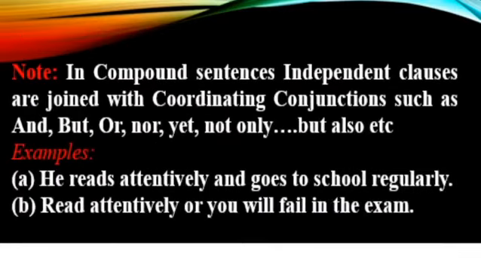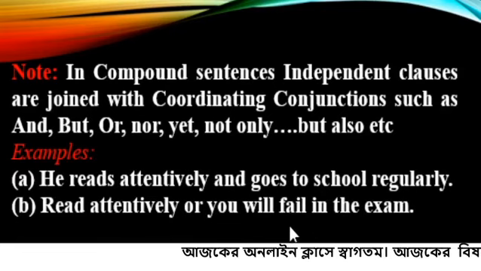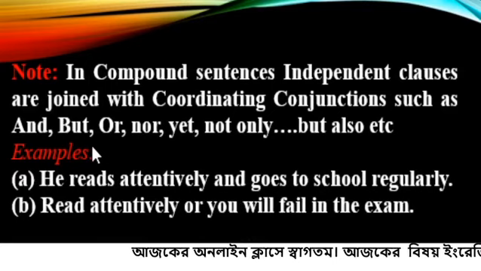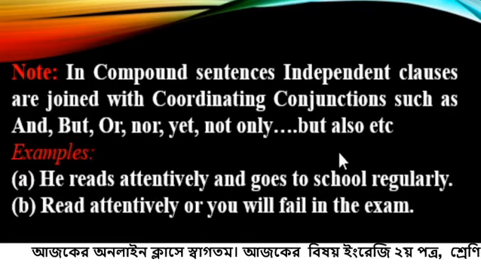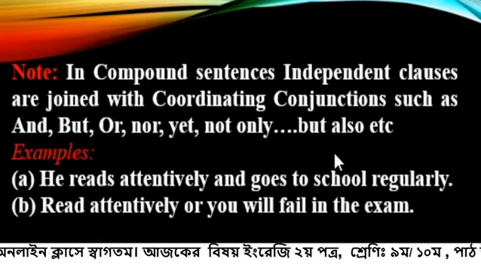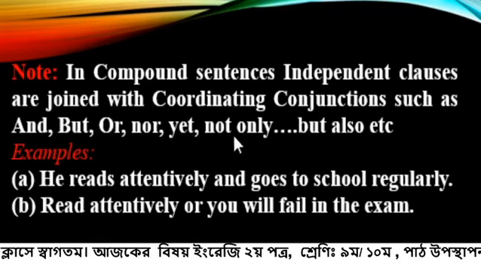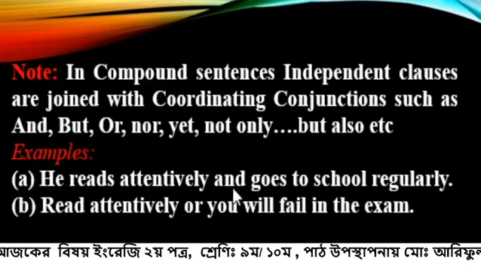Compound sentence. What is a coordinating conjunction? What is the sign of compound sentences? In compound sentences, independent clauses are joined with coordinating conjunctions such as and, but, or, nor, yet, not only, but also, etc. See example A. He reads attentively and goes to school regularly.